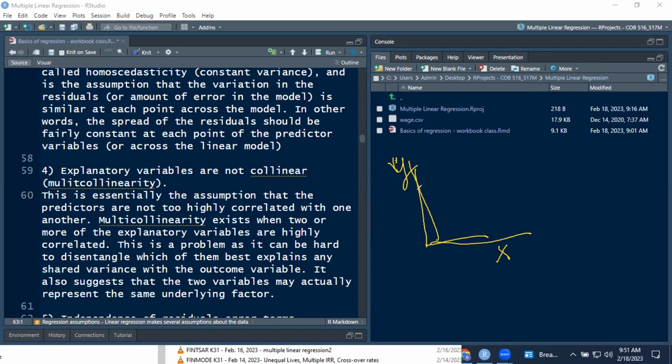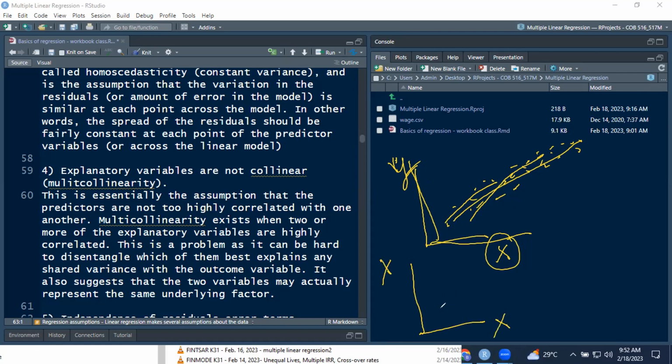Kasi if X and Y are not correlated, then how can we use X to explain Y? So we want a pattern like this. If you're trying to explain Y using X, we want that there should be a relationship. So dito may relationship, may linear relationship. Okay, that's between Y and X. However, we do not want that X and X, your independent variables, to be related.